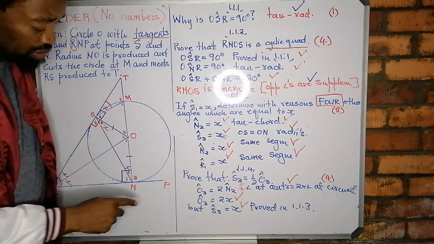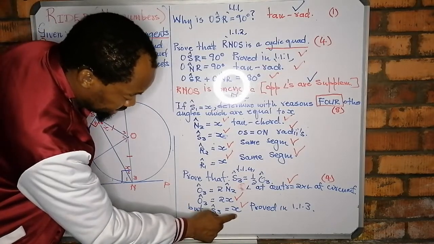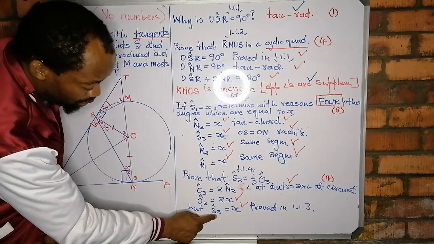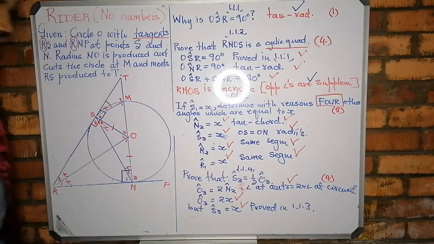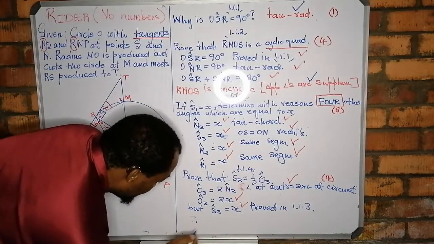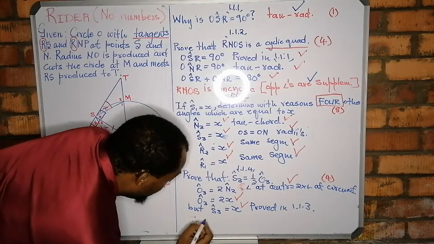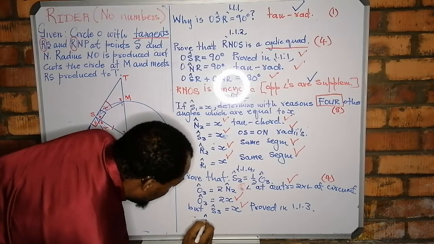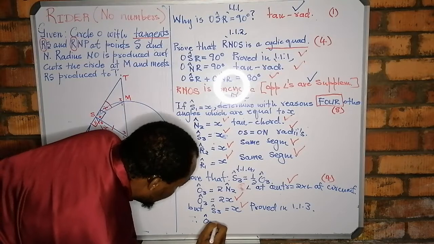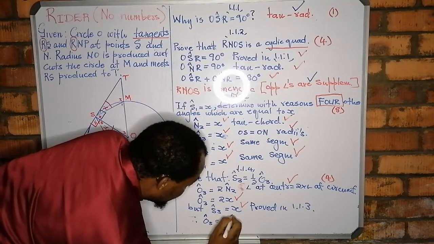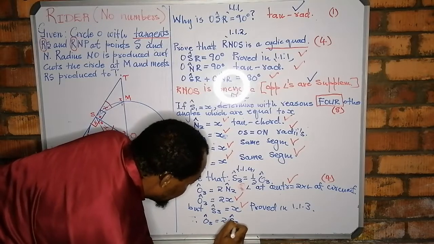Now, can you see that this is x and this is twice x? What does that mean? It means that if I want to get this angle, I must have that angle. Therefore, I'm going to say here, angle O3 is equals to twice angle S3.